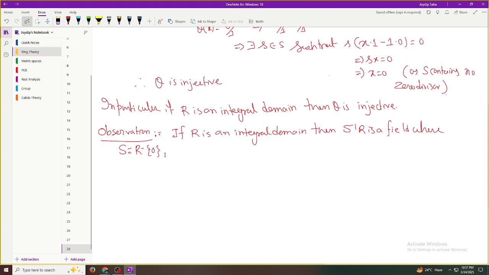Moreover, S inverse R is the smallest field containing R. This field is called the field of fractions.